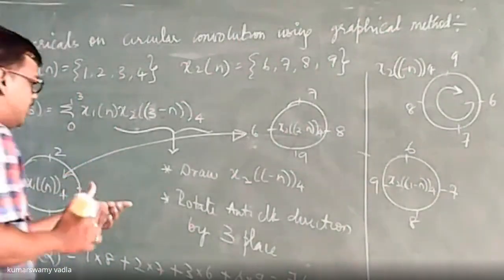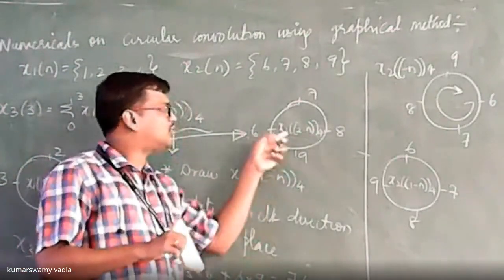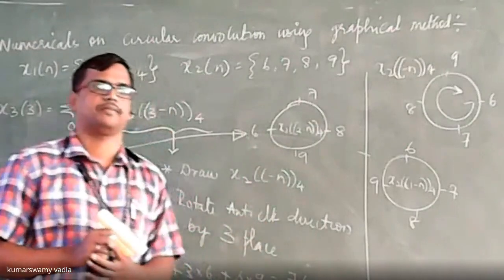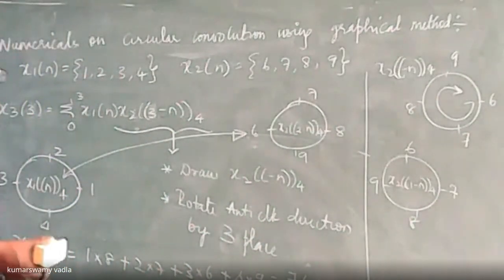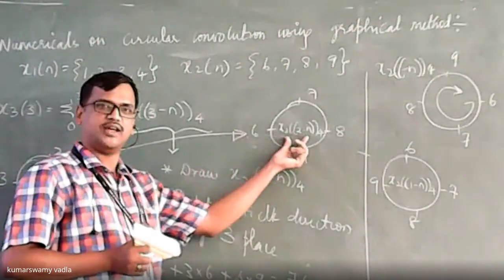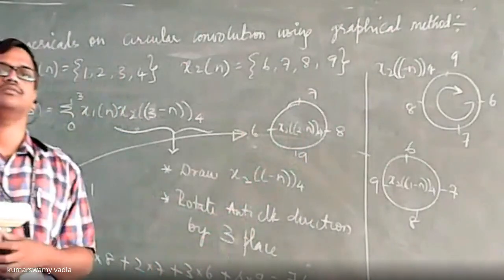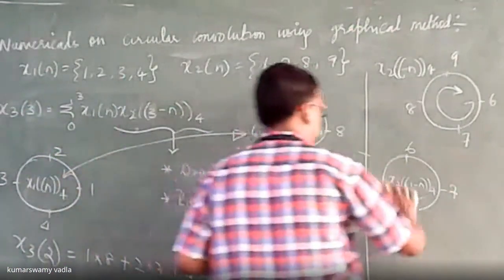As you already drew 2 minus n, to get 3 minus n, what you should do, friends? Rotate by 1, sir. Anti-clockwise. Rotate it by once. So I will do that now.